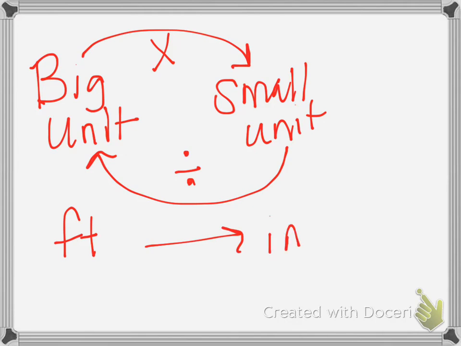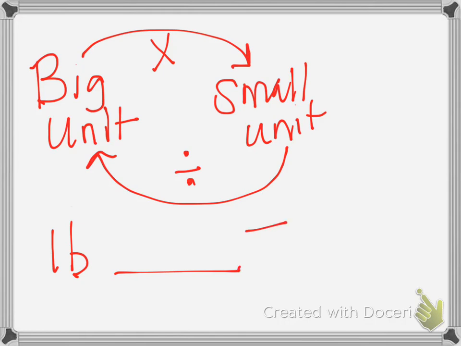Okay, let's try another one. What about if we start with pounds and we go to tons? Pounds are going to be smaller than tons, so we're going to have to divide. We started small and we're going big.